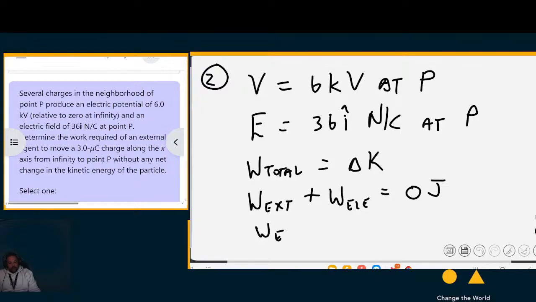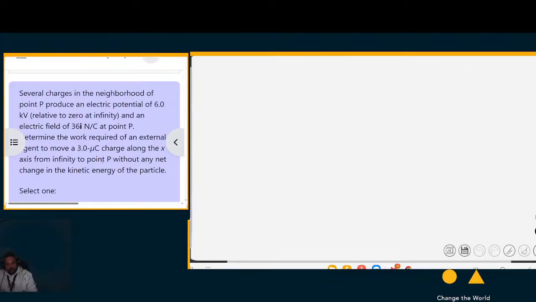Therefore, the external work is equal to the negative of the electrical work. Just basic algebra.